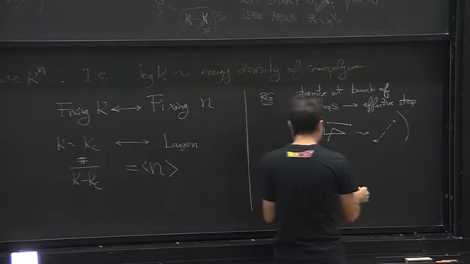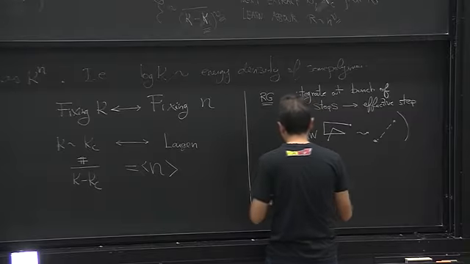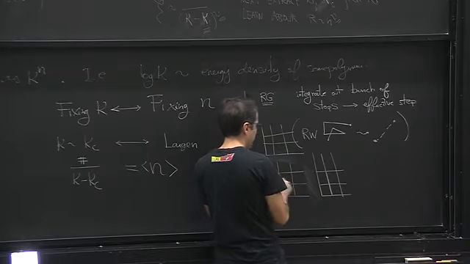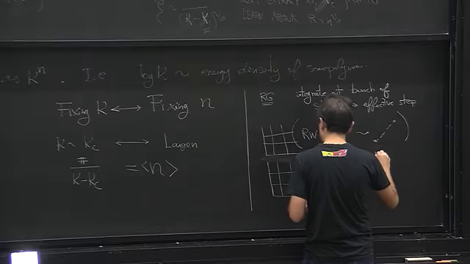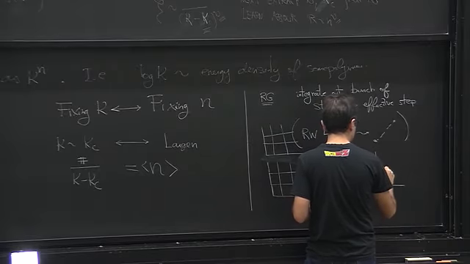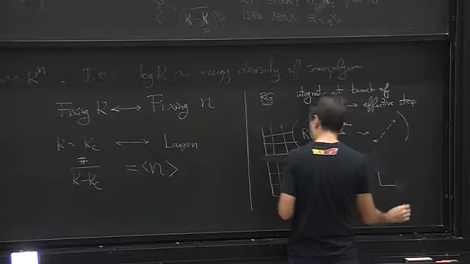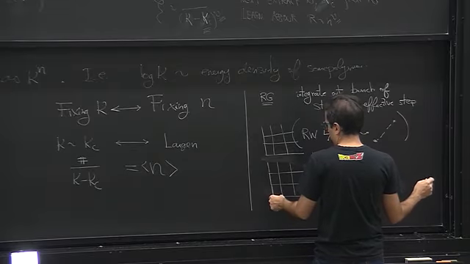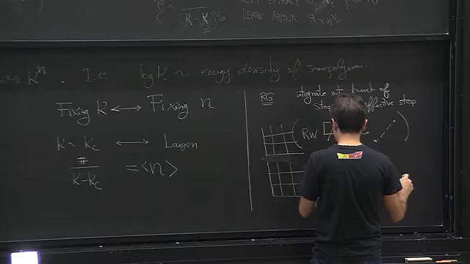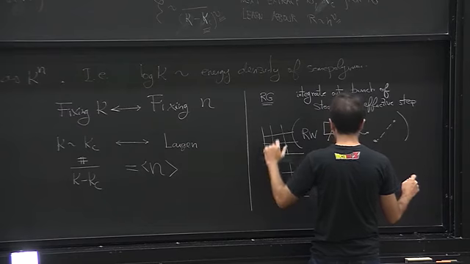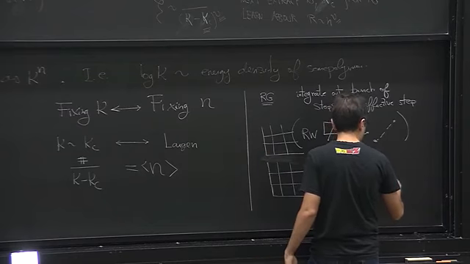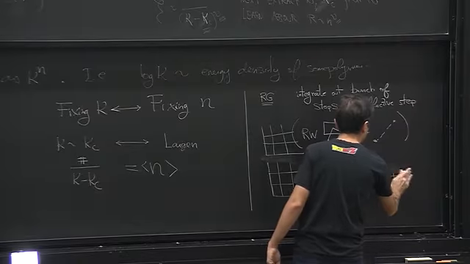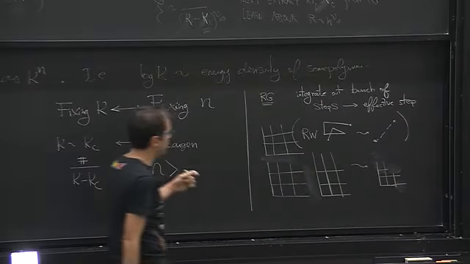And what we want to do is replace these things, to coarse grain and replace this by just 1, 2, 3, 4, 5. I would like to replace this by a smaller lattice.